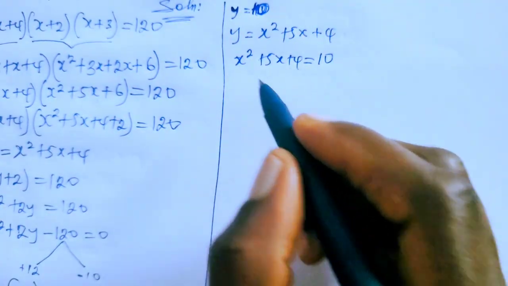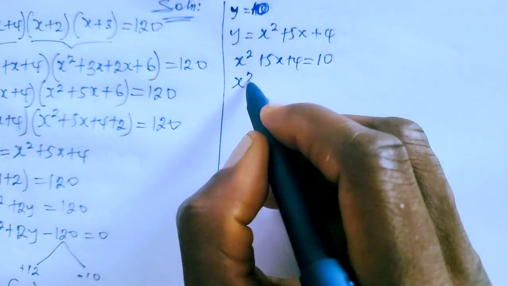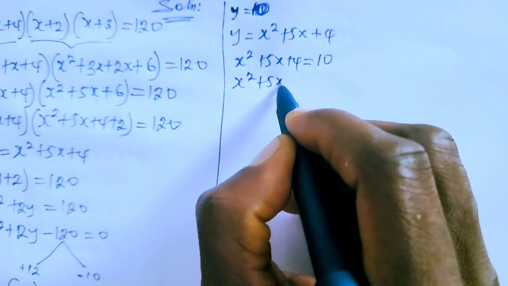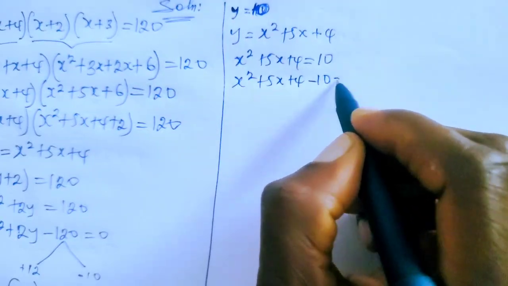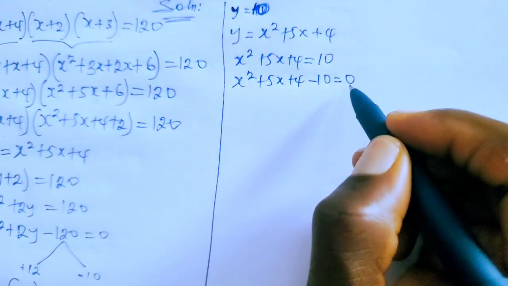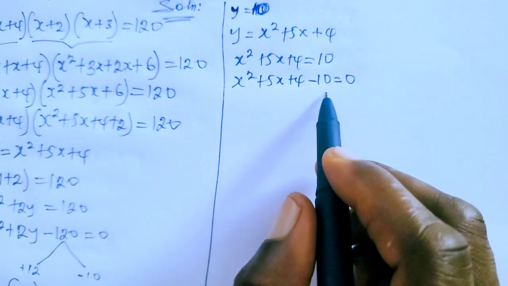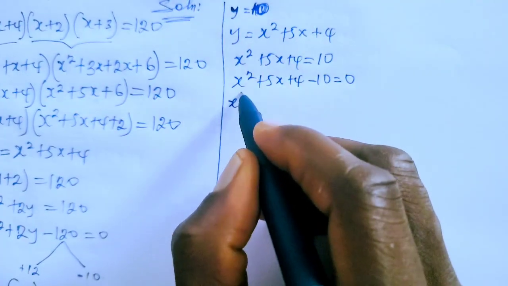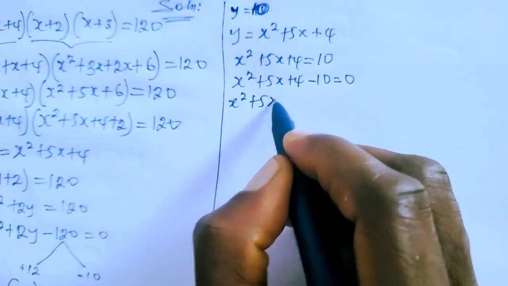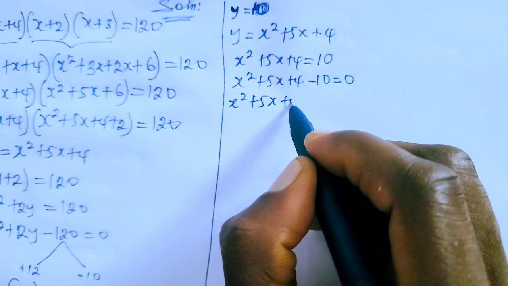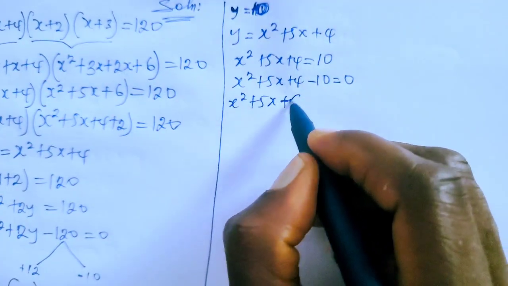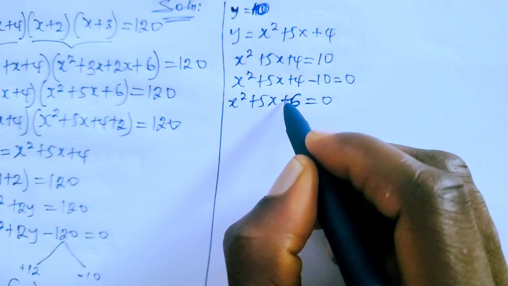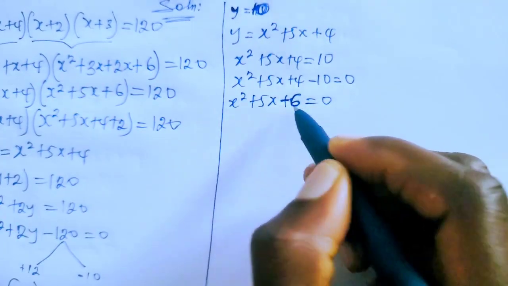If you move 10 over, you have x squared plus 5x plus 4 minus 10 equals 0. To simplify this, you have x squared plus 5x, and 4 minus 10 gives us minus 6, equals 0.